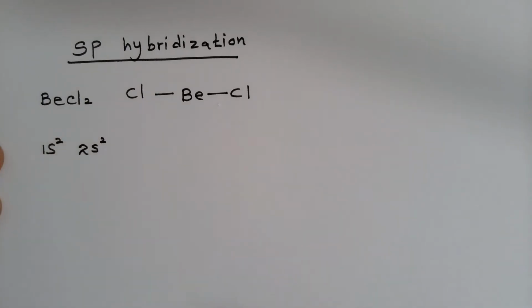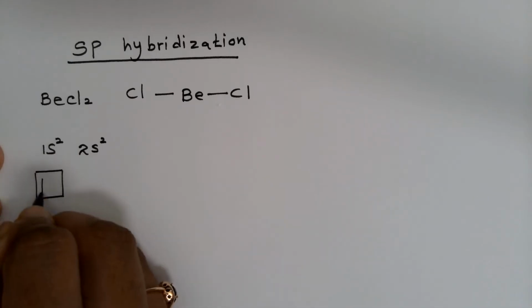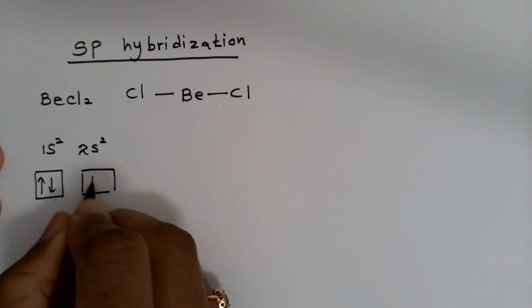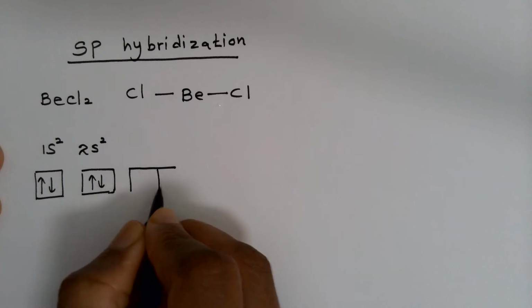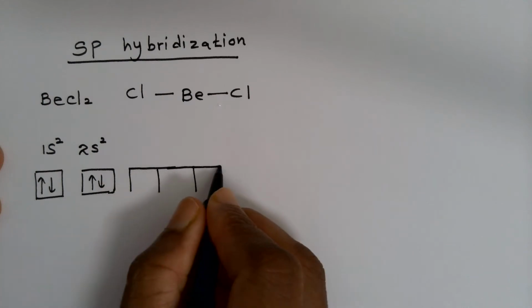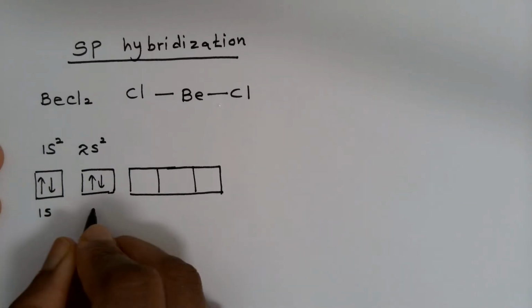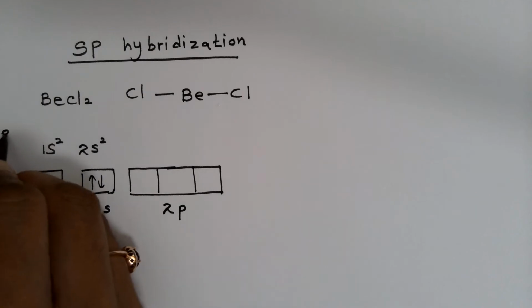If you draw the orbital diagram for 1s2 and 2s2, the valence shell, that is the outermost shell, is shell number 2. This is 1s, 2s and 2p, and this is for beryllium.